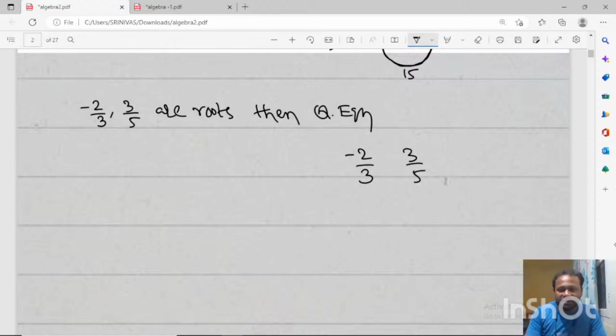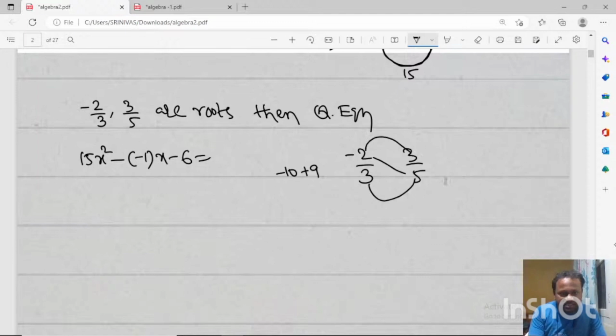Very simple. 5 threes are 15x square minus, 5 twos are 10, 3 threes are 9, 10 minus 9, that is minus 1, into x. 3 twos are 6 is equal to 0.